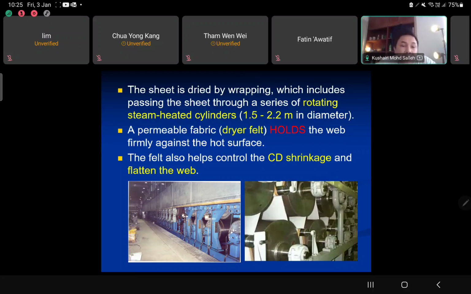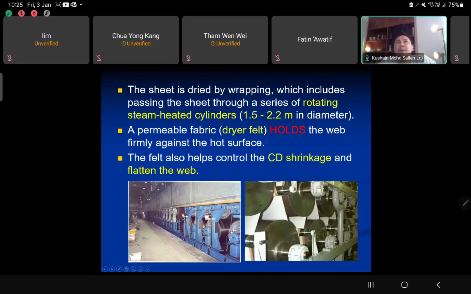So a permeable fabric or dry felt, you need to remember, other than the wet web, the sheet of fiber, there are other things that come together. Same as in the pressing process, we have the felt. The dry felt holds the web firmly against the hot surface. The felt also helps control the cross direction shrinkage and flatten the web.